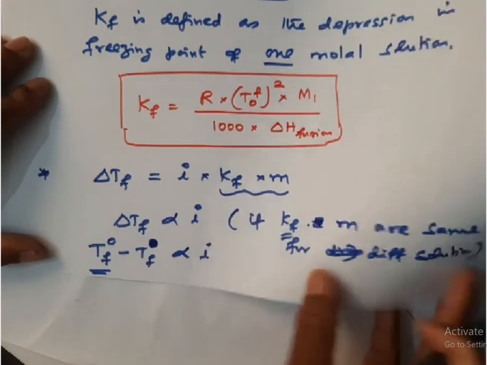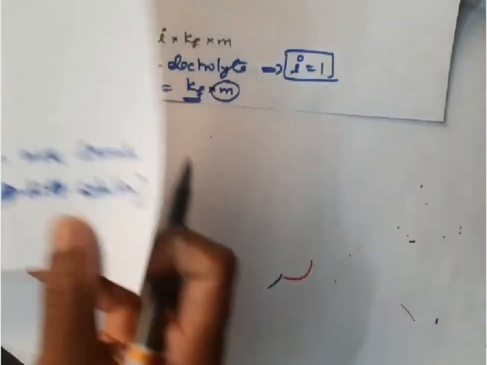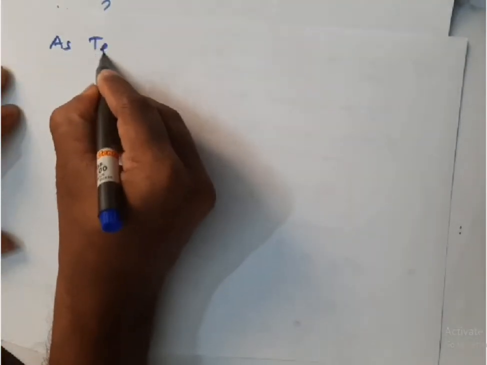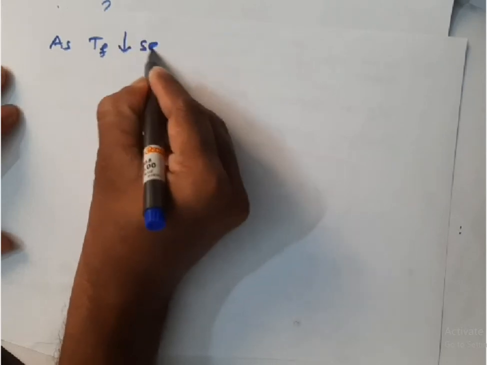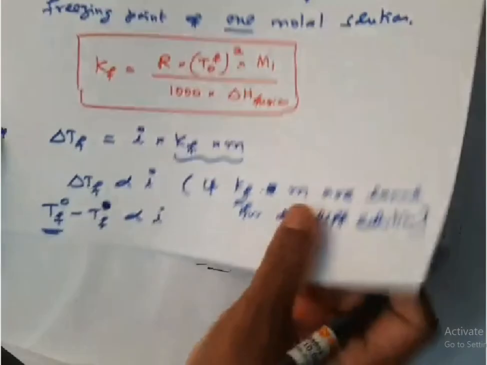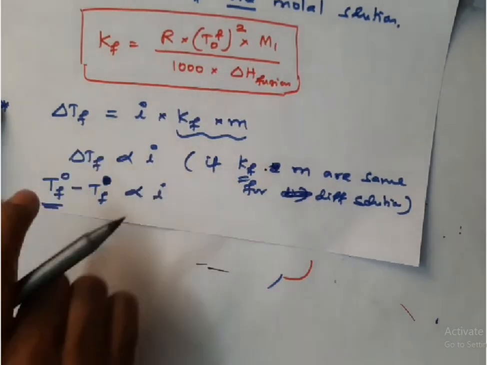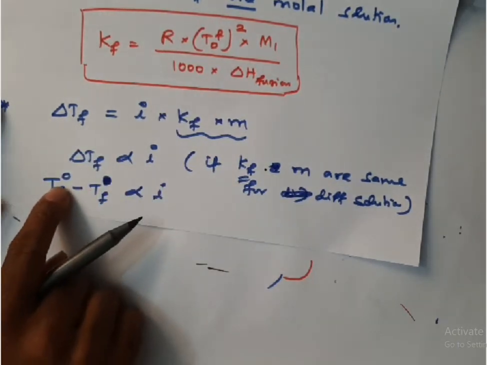So what I am trying to say is that, as Tf decreases, Tf means freezing point of solution, because freezing point of solvent is constant, don't worry about that.